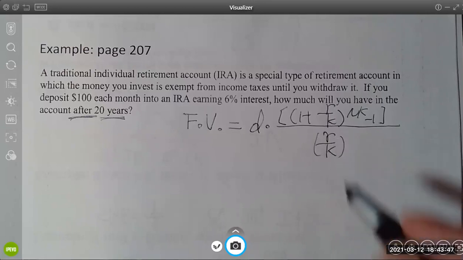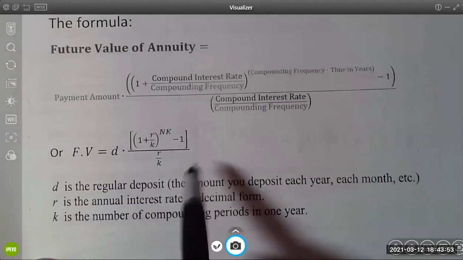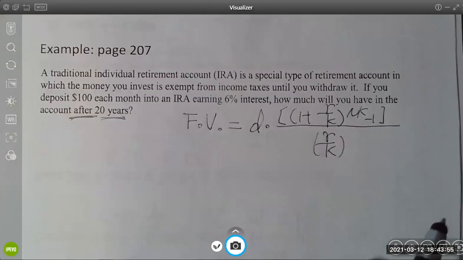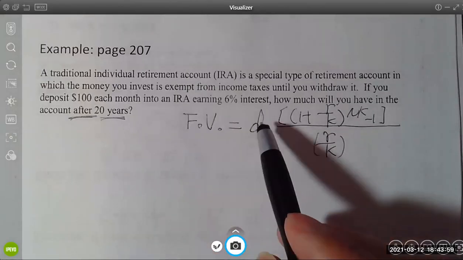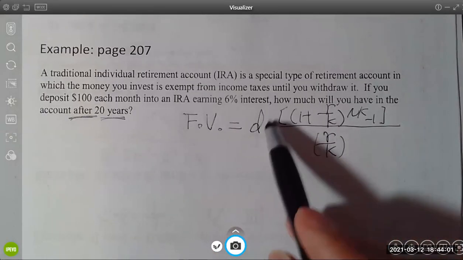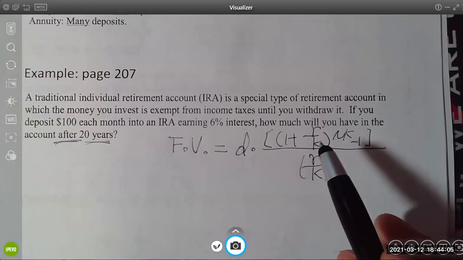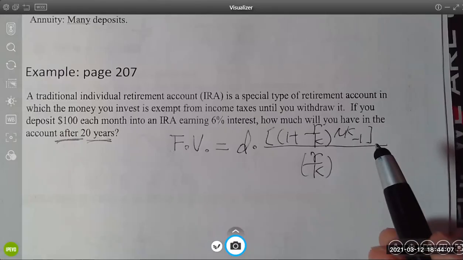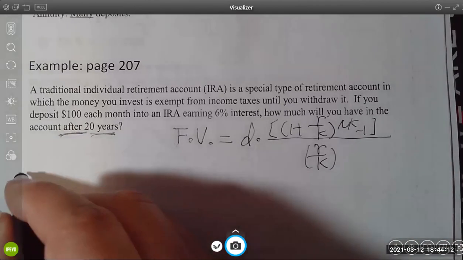I just copied this from the previous page. Now we are looking for future value. That means all of the variables on the right-hand side have to be given. So we just need to put the right number into the right place and do the calculation correctly. So let's do that.